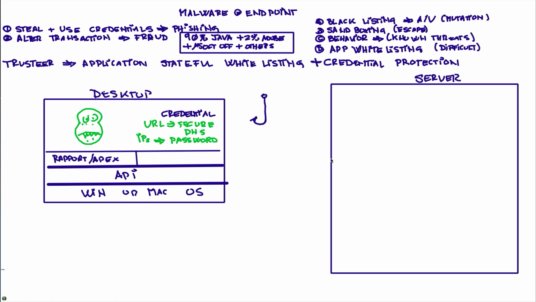But the other thing that it does, and is very effective in this, it actually allows good APIs and blocks bad APIs for invoking an API call. How does that work? How does Rapport or Apex know what applications are good, that they should be allowed?